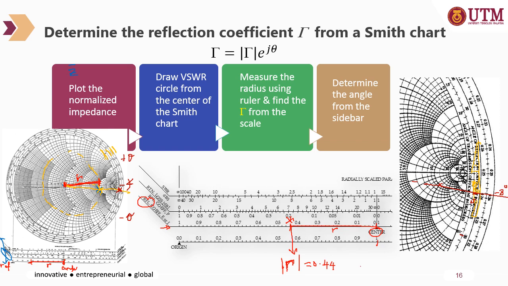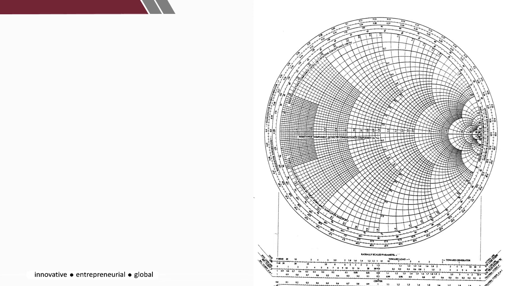So you'll get your reflection coefficient equal to the magnitude and the theta in degrees. Or you can also represent it as the magnitude of your reflection coefficient, e to the j theta.